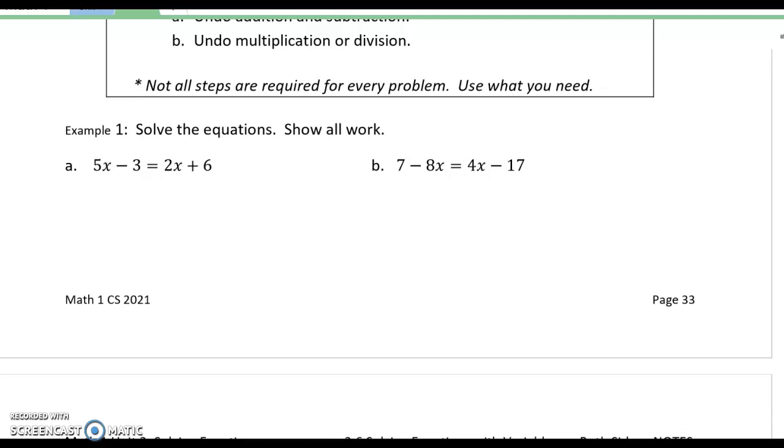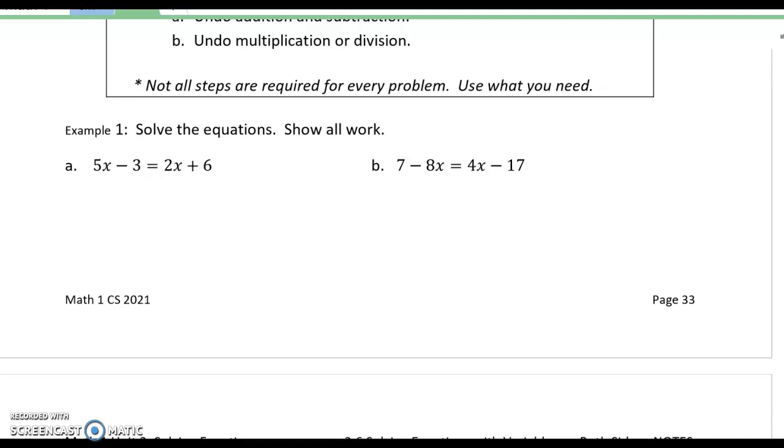So we're moving on to step 3, which says we want to isolate the variable on one side of the equal sign. Here, we have x on opposite sides of the equal sign, so we need to decide where we want our variables to be located. Let's say we want to get all our x's to the left side.